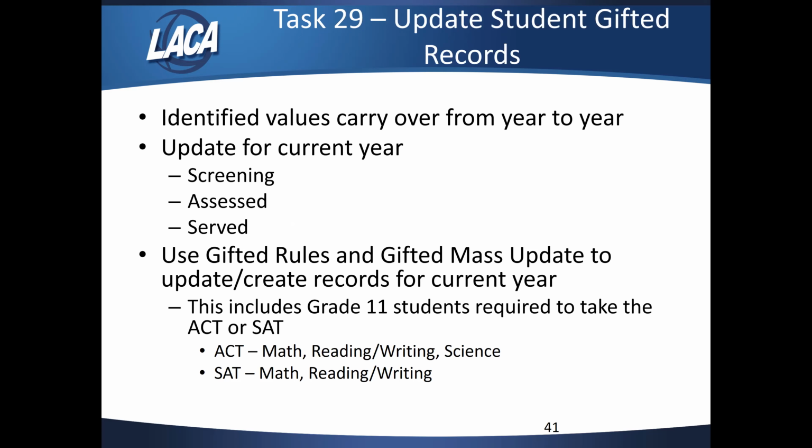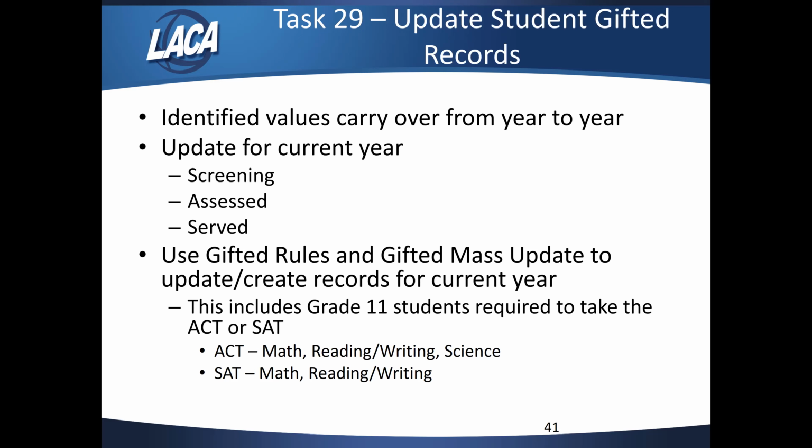One of the things I need to remind you of is the state considers the mandatory assessment of ACT or SAT to all 11th grade students, depending on what test your district says that you're giving, as screening. So you have to write a gifted rule for 11th grade to indicate if you gave the ACT.